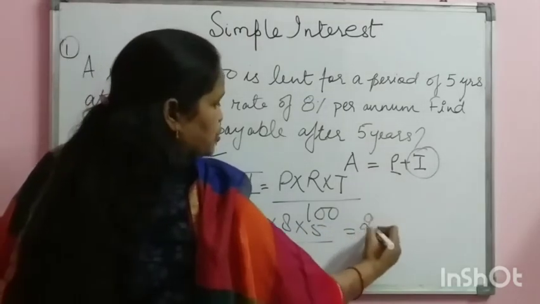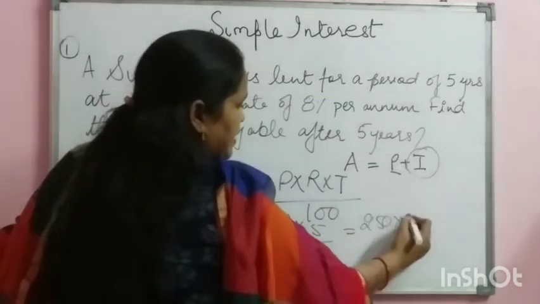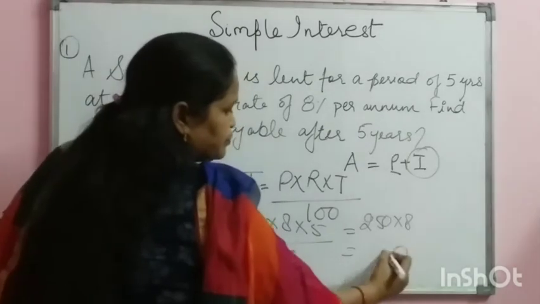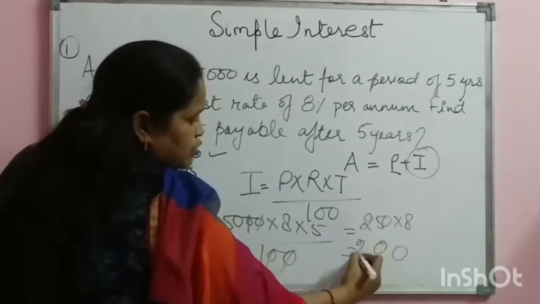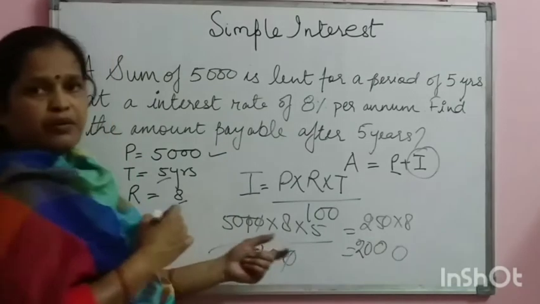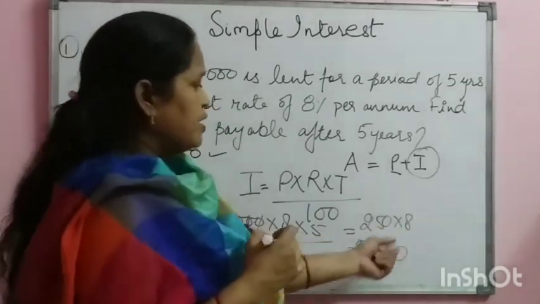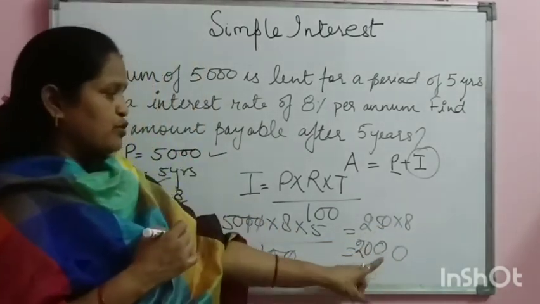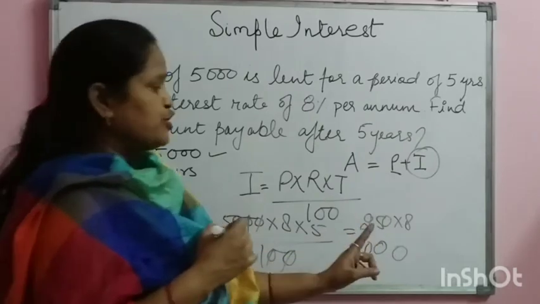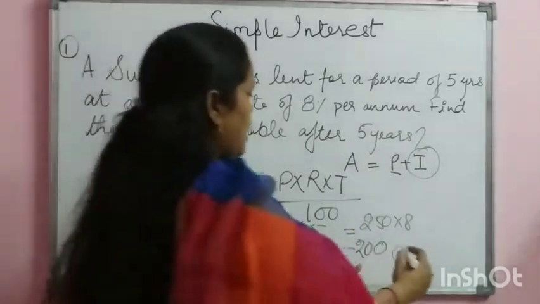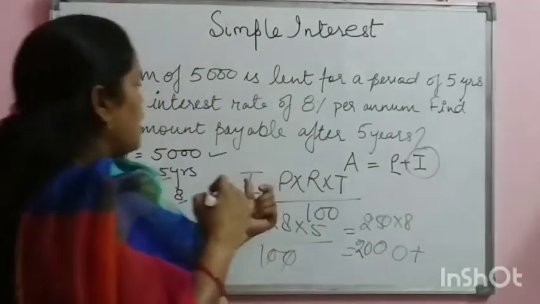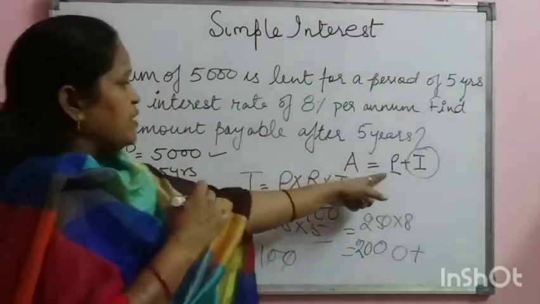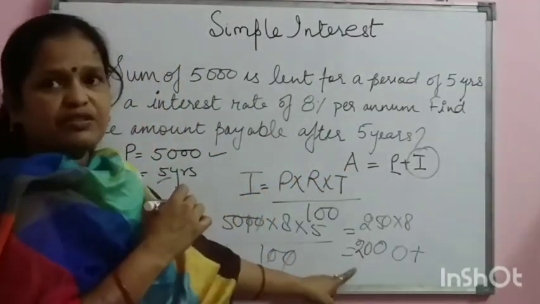तो 250 मल्टीप्लाइड बाय 8 that gives you, right, 8 zeros are 0, 8 fives are 40, 0, 4, 8 twos are 16 plus 4 is 20. Interest आपको मिल गया. Interest is 2,000.